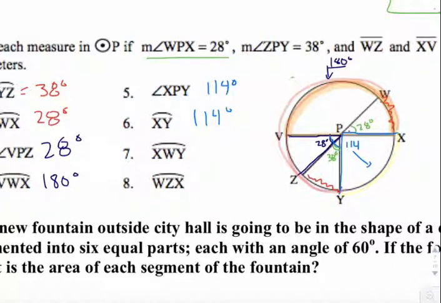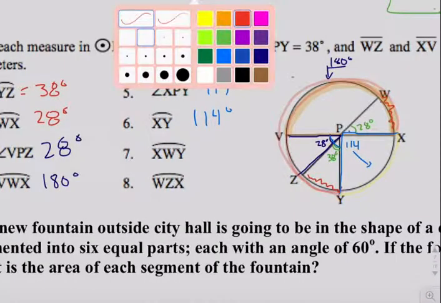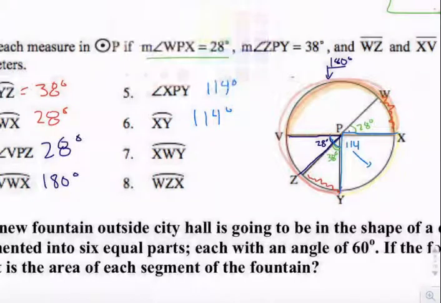If this yellow arc is 114 and the whole circle is 360, that means the arc I just traced, the one that goes all the way around, has to be 246 degrees.